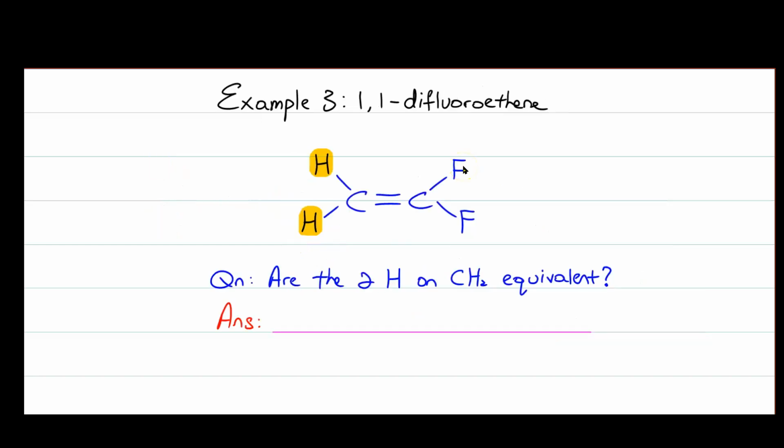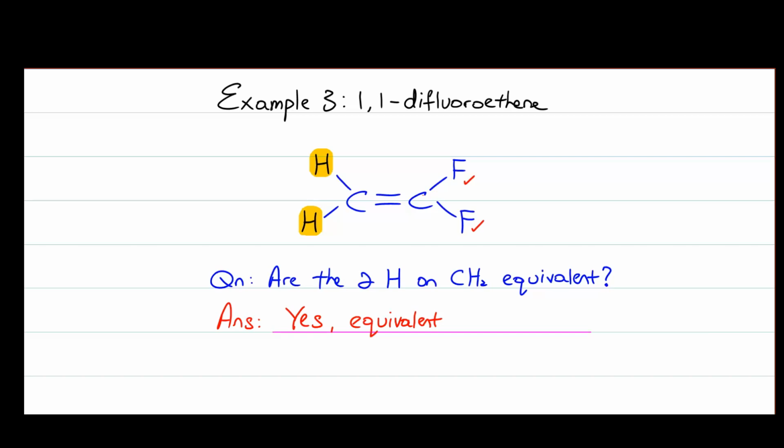Now, test the same idea in another alkene, 1,1-difluoroethene. Here, the carbon across the double bond has 2 identical substituents, fluorine and fluorine. So what happens to the 2 hydrogens now? Are the 2 hydrogens on CH₂ equivalent? The answer is yes, they are equivalent.